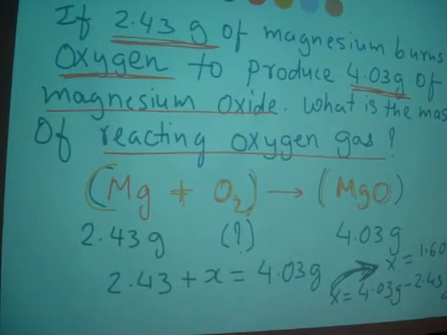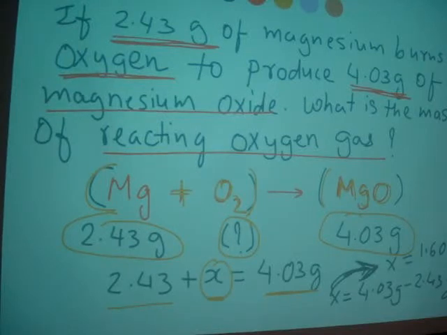The mass of magnesium is 2.43 grams and we produce 4.03 grams of magnesium oxide. We need to find the mass of oxygen, X.